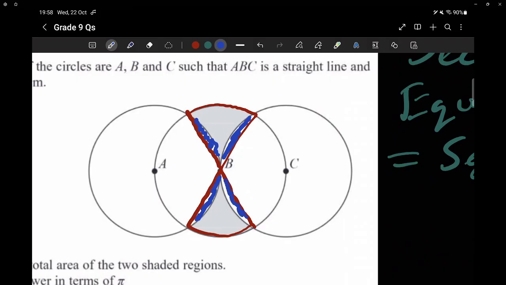So what do we have? We have two sectors and 4 segments, and we need to take those 4 segments away from the 2 sectors. Hopefully that's clear, because it's the sectors of the B circle, and the segments are equal to these bits down here. Let's draw that again.